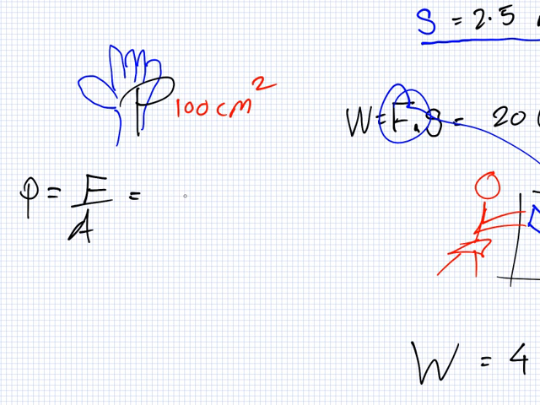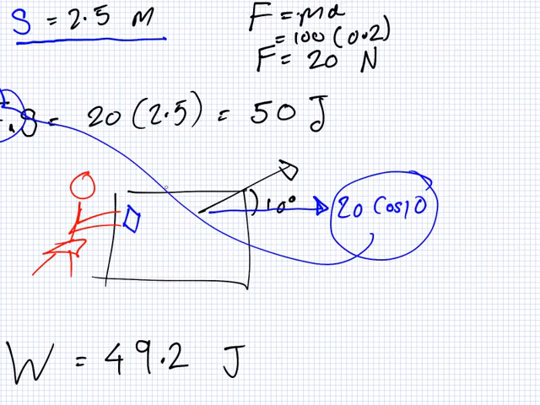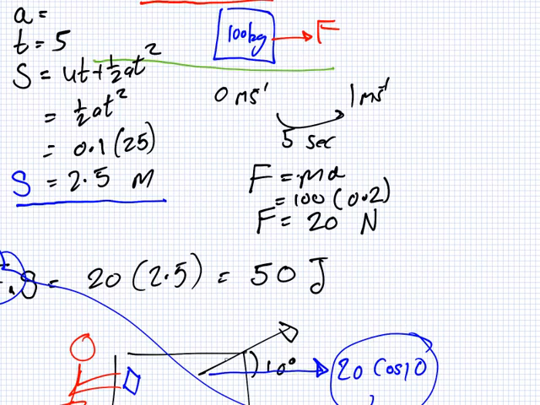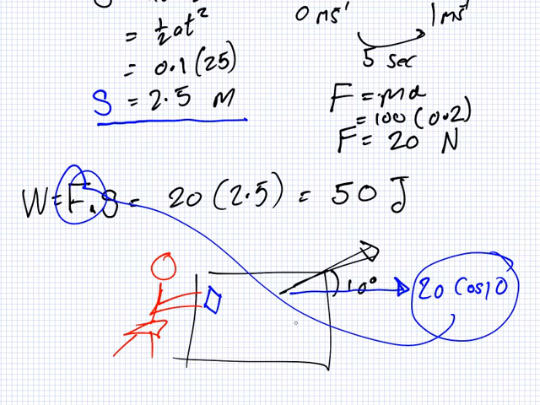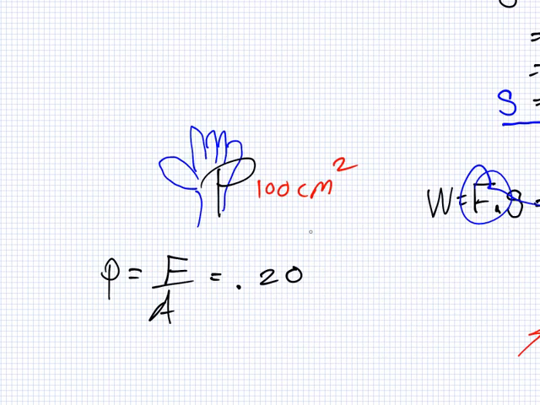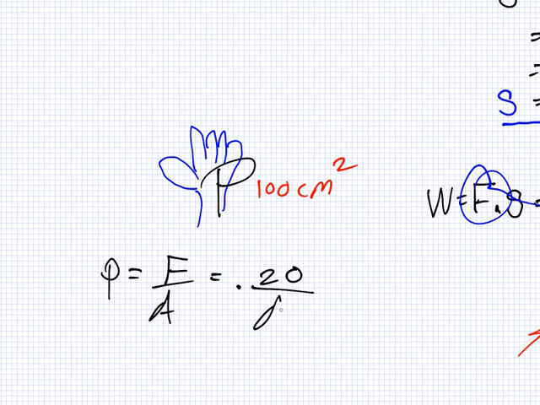What did we say it was previously? 20 newtons. The force is still 20 newtons, not at an angle, just horizontal. Okay, over the area.